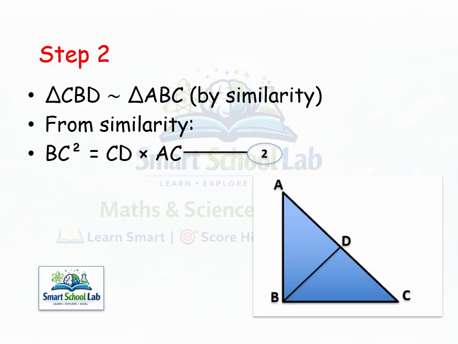From the triangles you can observe that BC is a common side. So BC square is equal to CD into AC. Now let us mark this as equation 2. Now let us move on to the next slide.